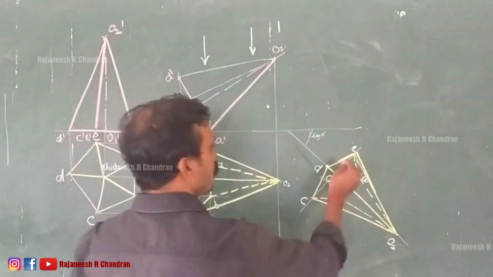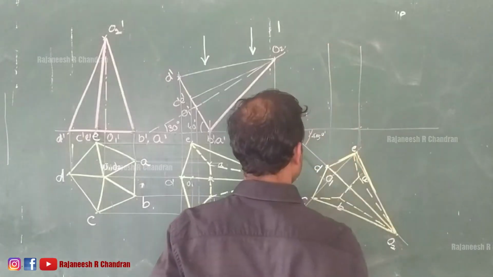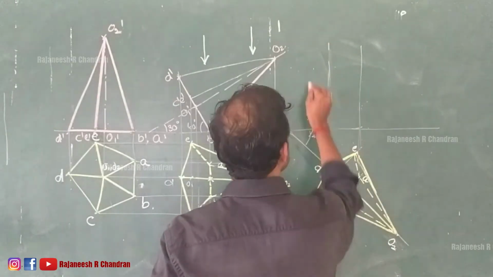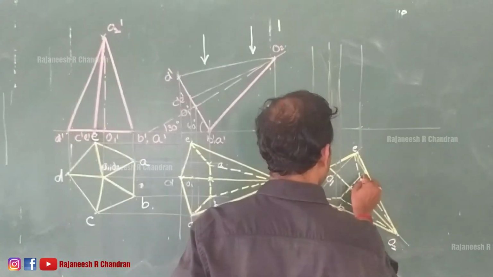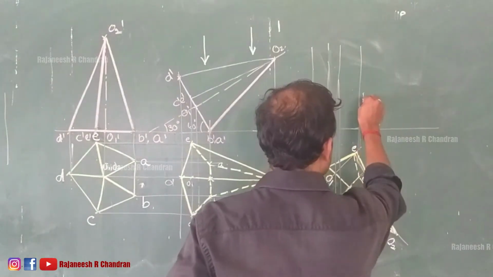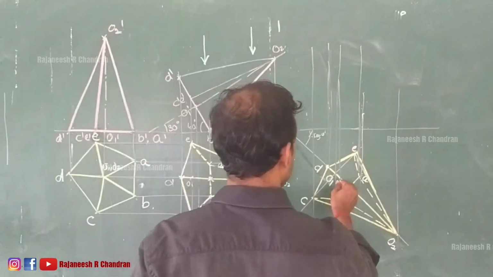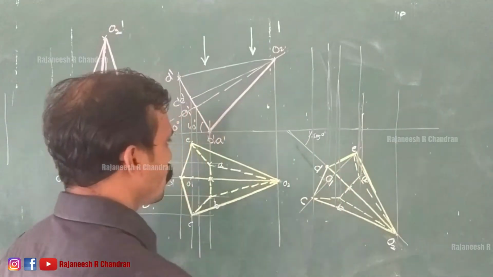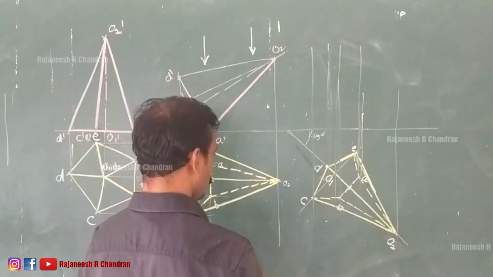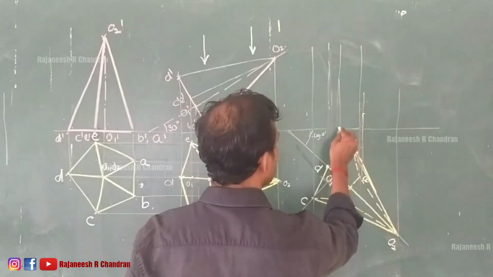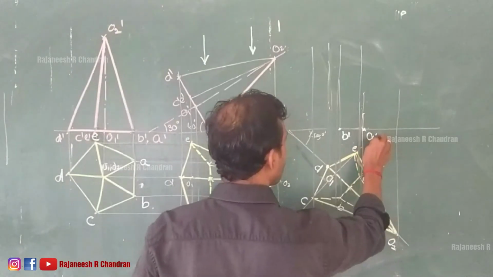Now we know that we draw projectors through E, D, C, B, and E. Now this point will be our B dash and this point will be our A dash.